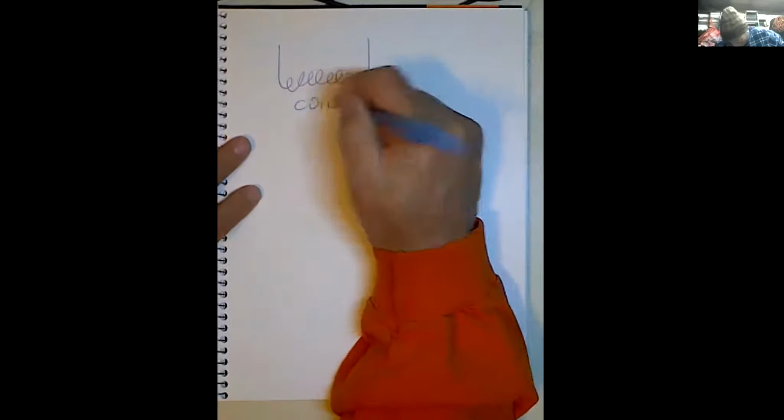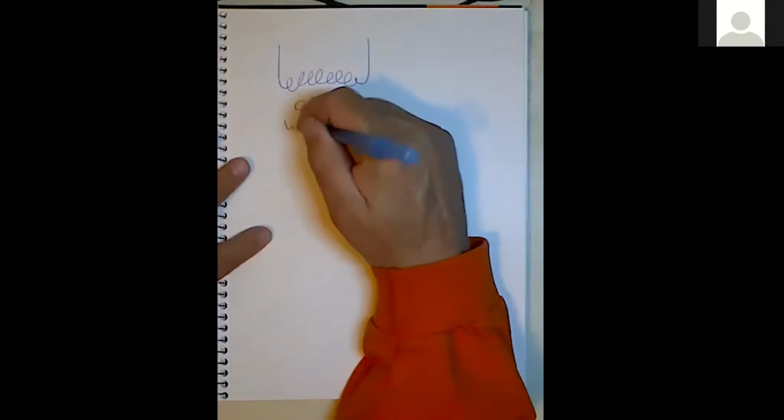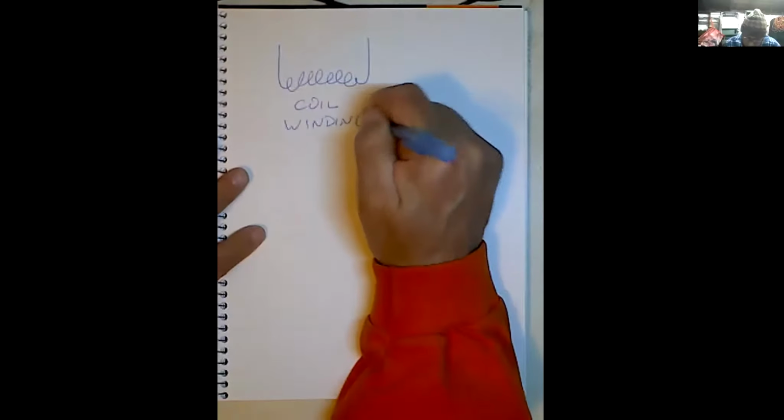This one's for you, Chuck, because I love you. This thing right here is a coil. Coils have windings.